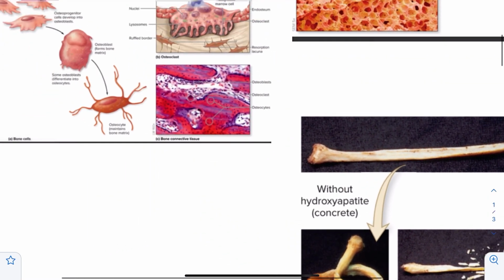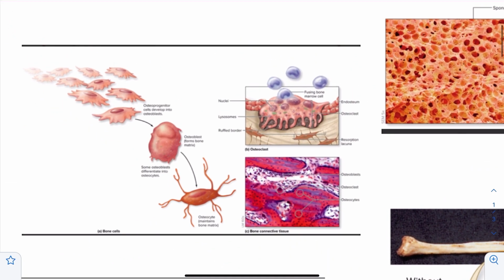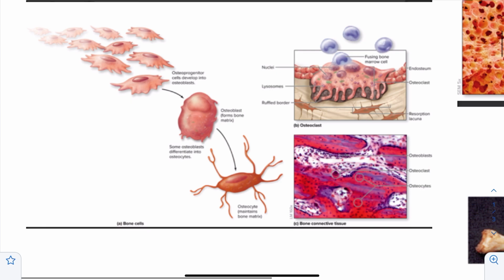So that's the role of the different kinds of bone matrix, and osteoblasts, their job is to make the bone matrix. So they will take the components of the osteoid and the components of hydroxyapatite and kind of put them together. And when they do that, the bone around them is going to get harder because of the hydroxyapatite. And eventually it's going to solidify, or what we call ossify.